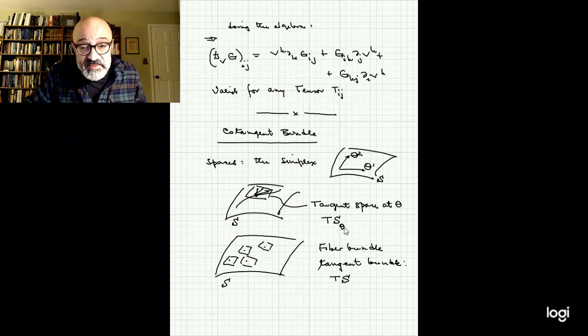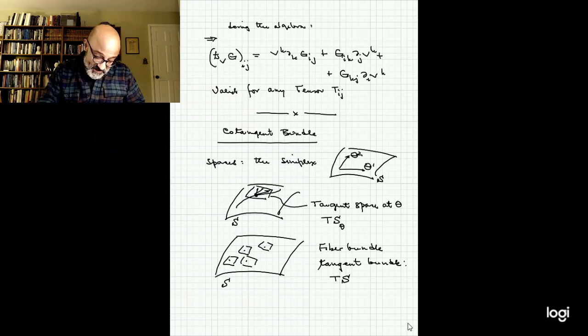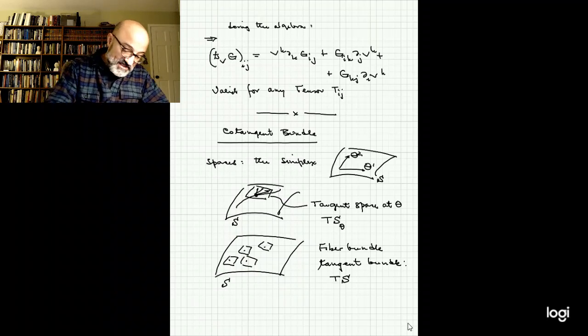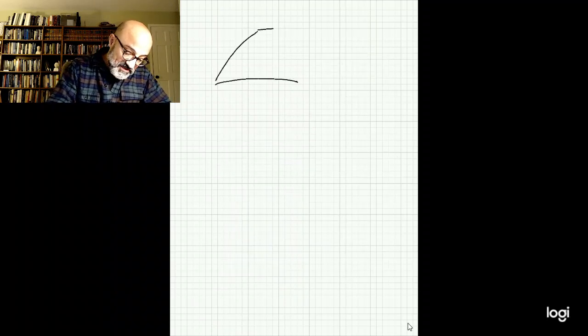All right, this is the tangent space at one point. The tangent bundle is all the tangent spaces. There is a third space that we can consider. At each point, you consider the space of all covectors that you could imagine.